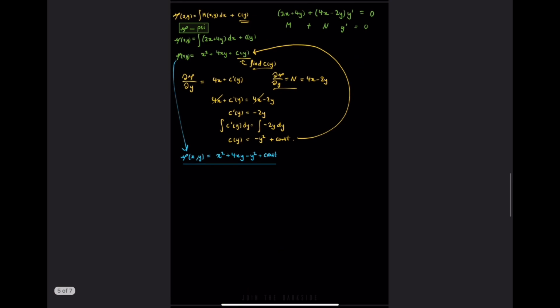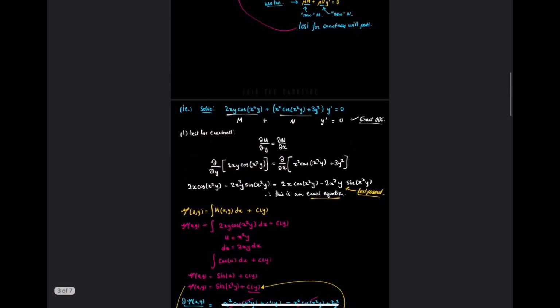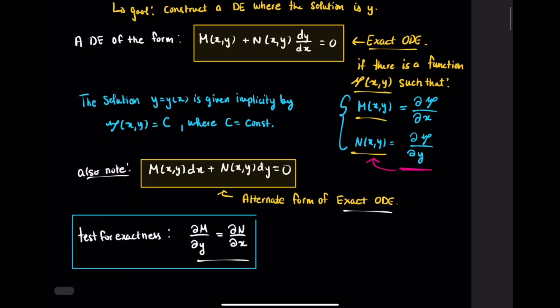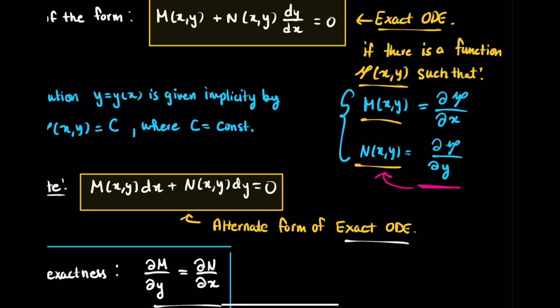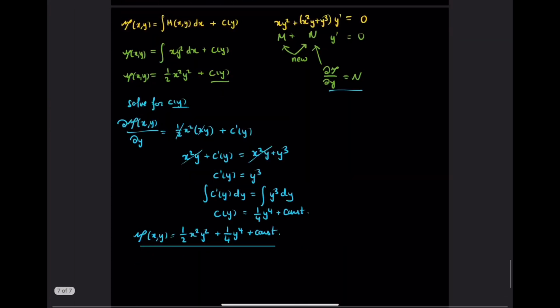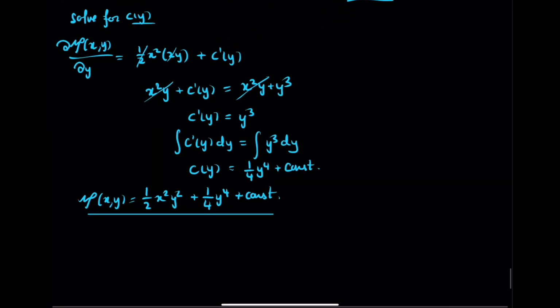Recall, what was psi? We defined psi way up here. Psi is a function such that M and N are defined by the partial derivatives of psi with respect to x and y respectively. So it's all intertwined, if you will, right? And so therefore we now have psi.